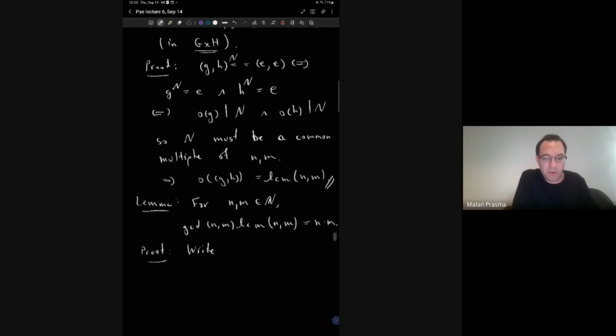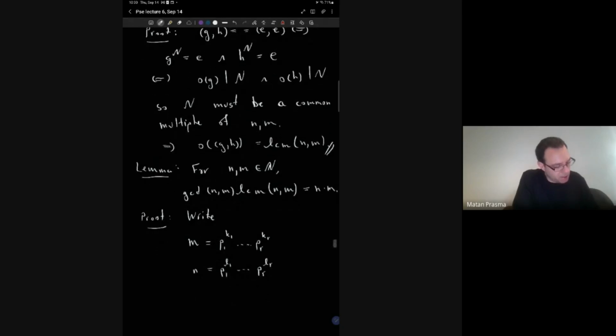So I write, for example, M equals P1 to the K1 up to PR to the KR, and N as P1 to the L1 up to PR to the LR, where the Ki and the Li are bigger or equal to 0.